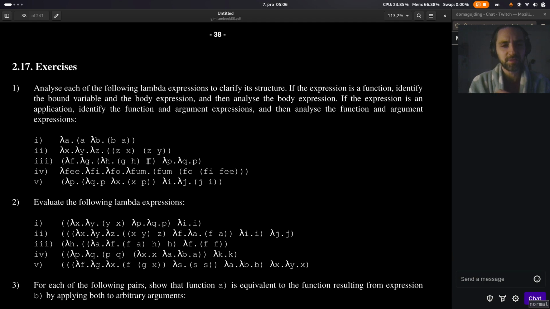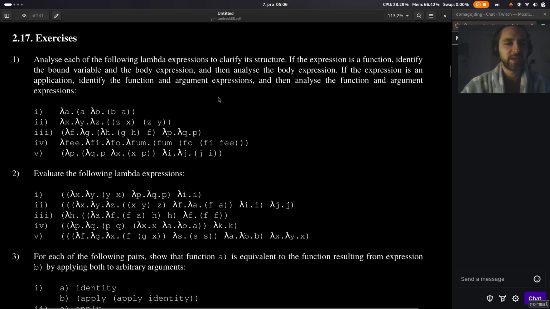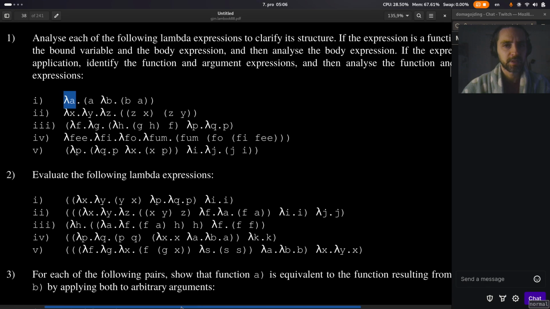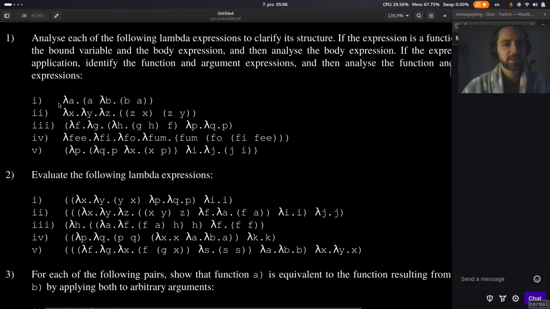Now, this makes sense now, because he's constantly repeating this kind of language, and we have been trying to read it like that. So we have a function, right? I'll do it like this. So we have a function here, lambda a, right?